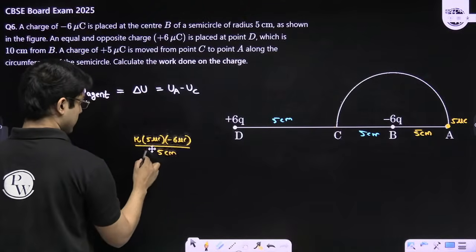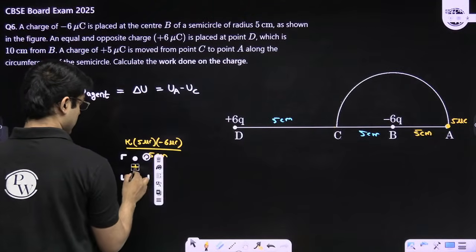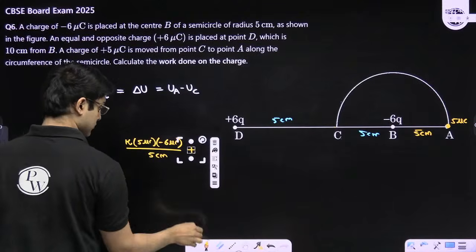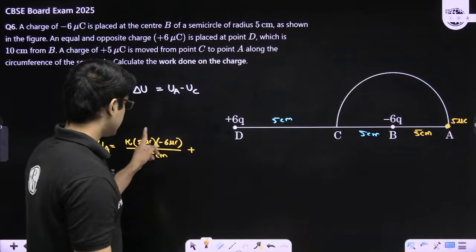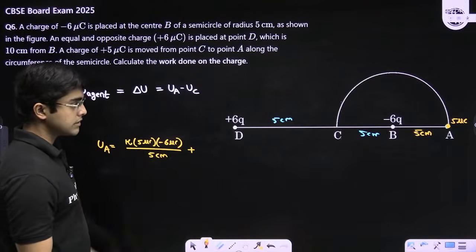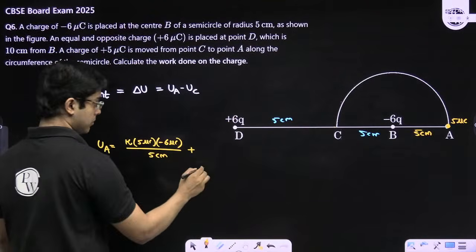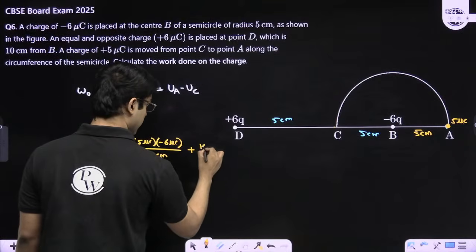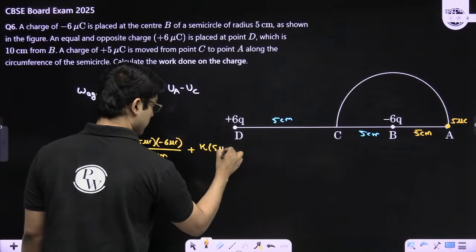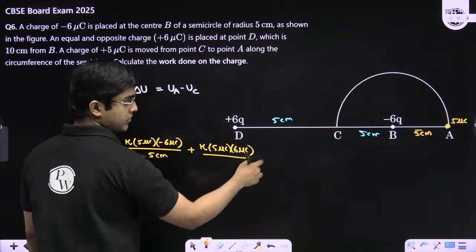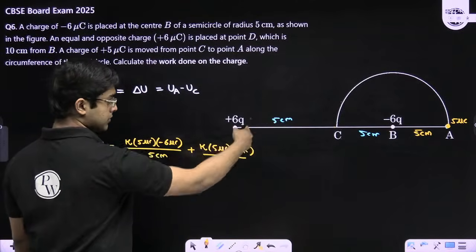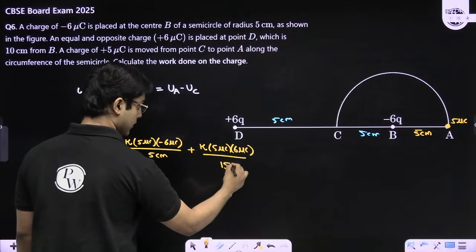First, let's write UA. This is the interaction between 5 and minus 6. Now the interaction between 5 and plus 6: K into 5 microcoulomb into 6 microcoulomb divided by the distance between them, which is 10 plus 5, 15 centimeter.